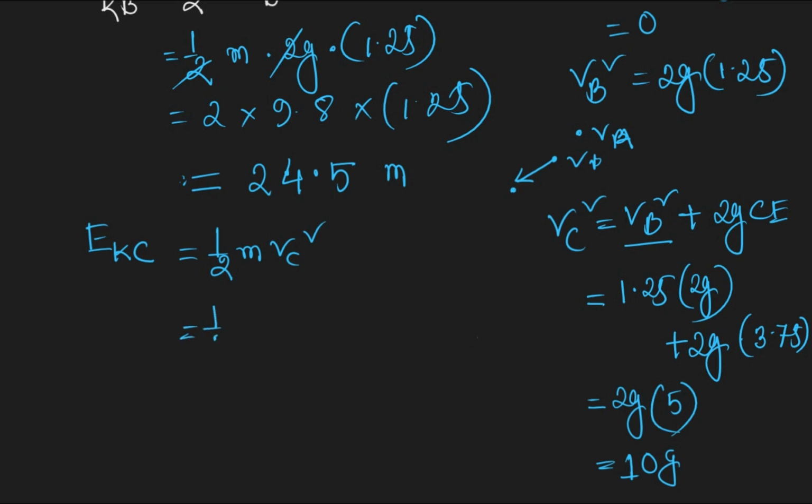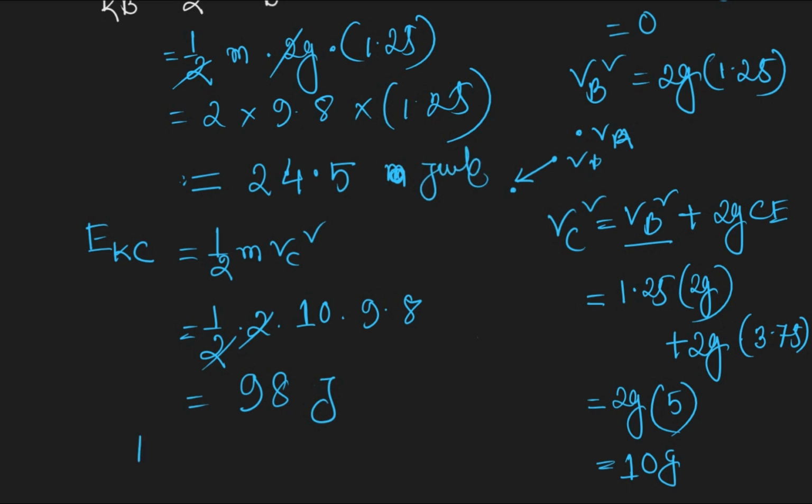So let's plug in m is 2 and VC square is 10 times 9.8. So the 2s cancel out, and it will be 98 joule actually. Here, beg your pardon, it should be joule as well. Anyways, the kinetic energy at B is not equal to EKC.